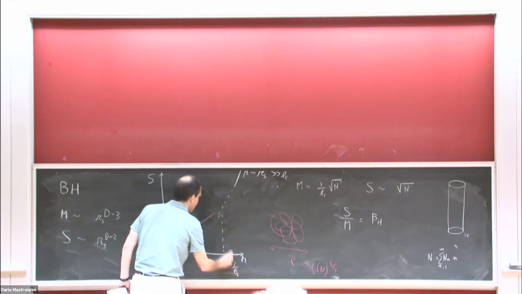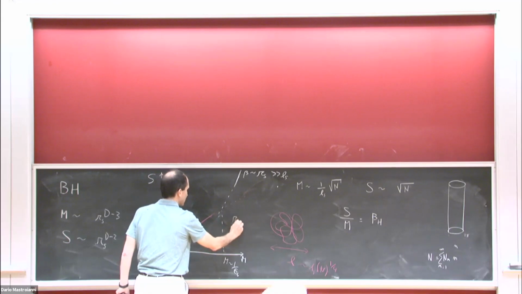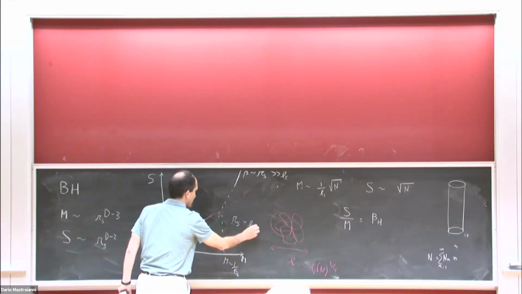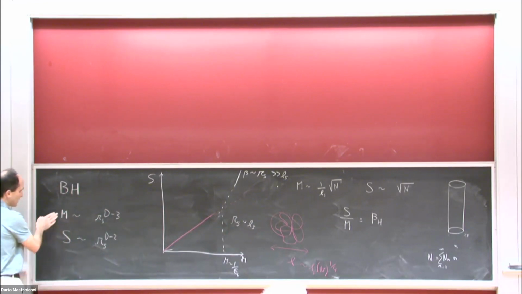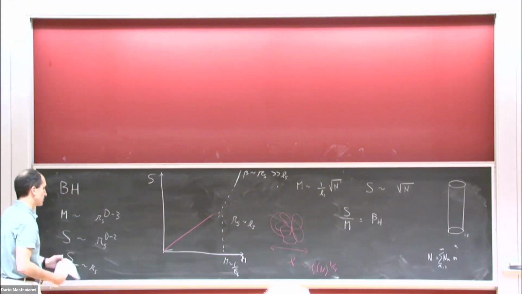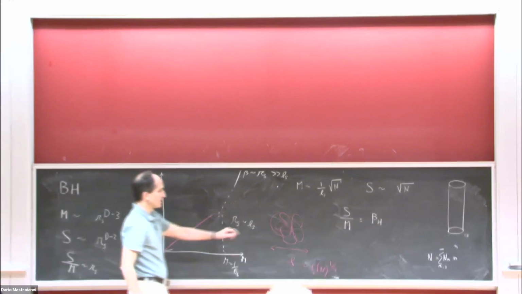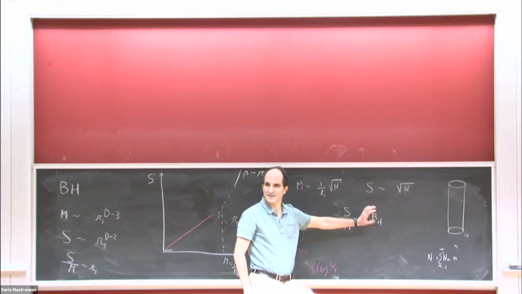And the important part is that the size of the system at this point is of order l_s. So it happens at a threshold radius, which is of order l_s. And the fact that it happens here comes simply from the fact that if we take the ratio of these two quantities, s over m will be proportional to r_s. And so if the two are equal, then this ratio should be equal to this beta_H. Beta_H is of order the string length.